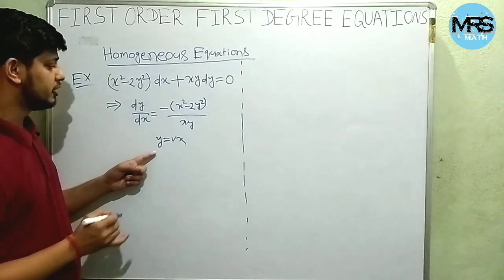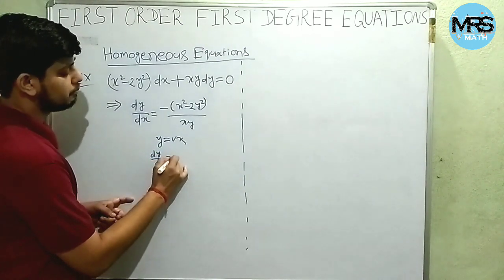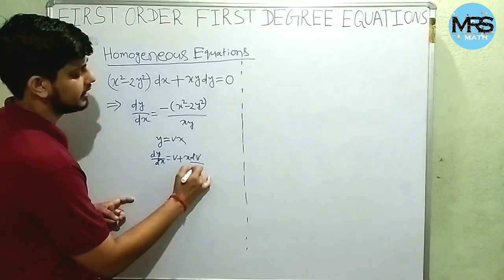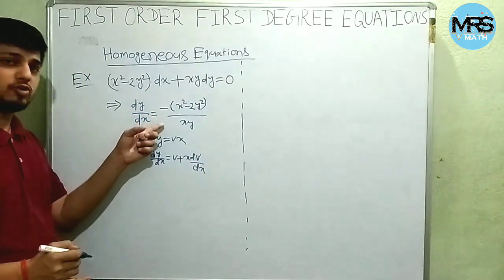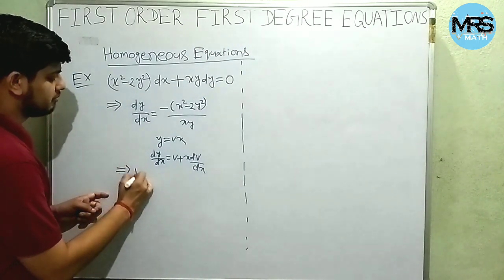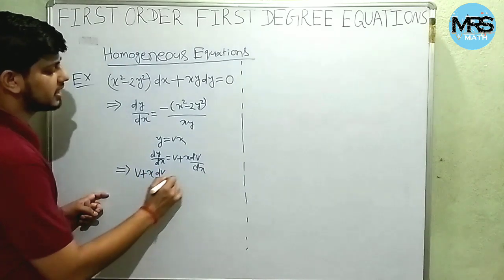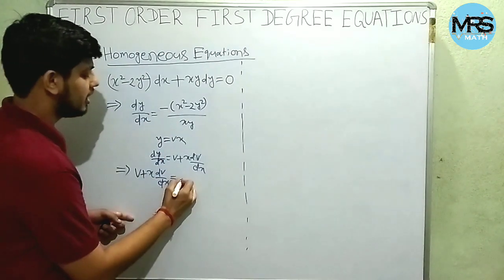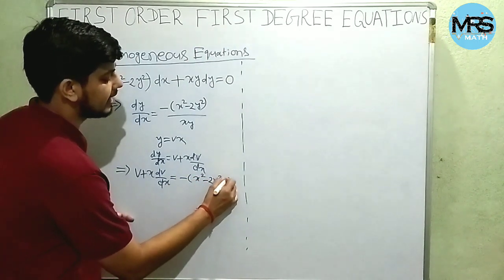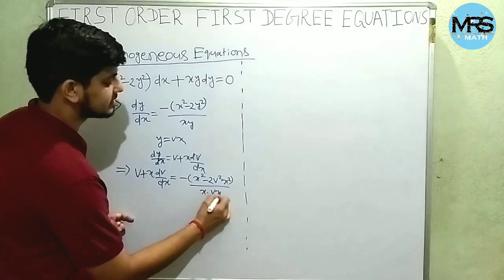right? So your dy by dx will be v plus x dv by dx, correct? This transformation we will use it here. So what you will get then? This side will be v plus x dv by dx, correct? And this side it will be minus of (x square minus 2v square x square) over x into vx, correct?